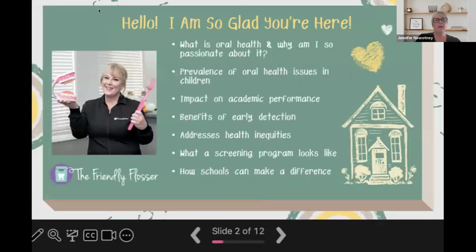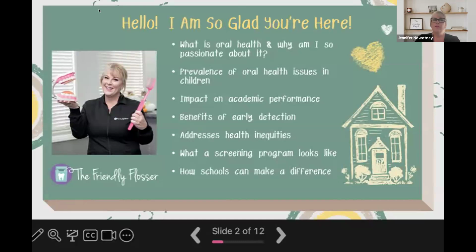So what is oral health? A lot of times people think it's just cavities or bad breath. But oral health actually refers to the overall health of your mouth, including your teeth, your gums, and the structures that support them. It also plays a critical role in a person's overall well-being, which I think we forget about.